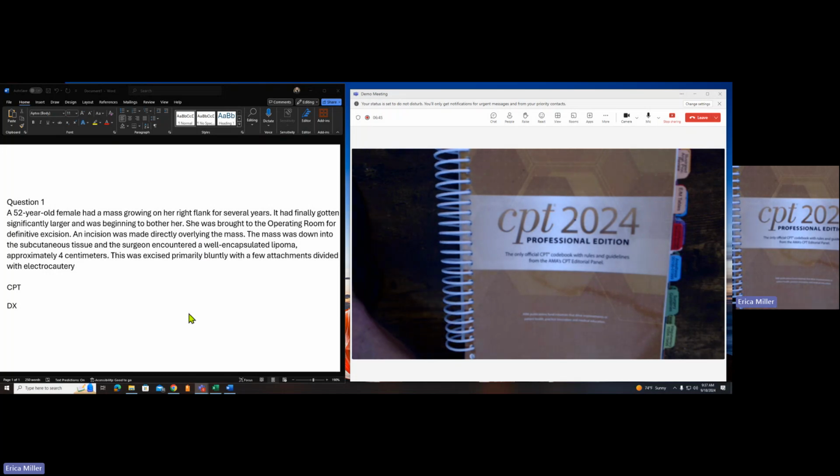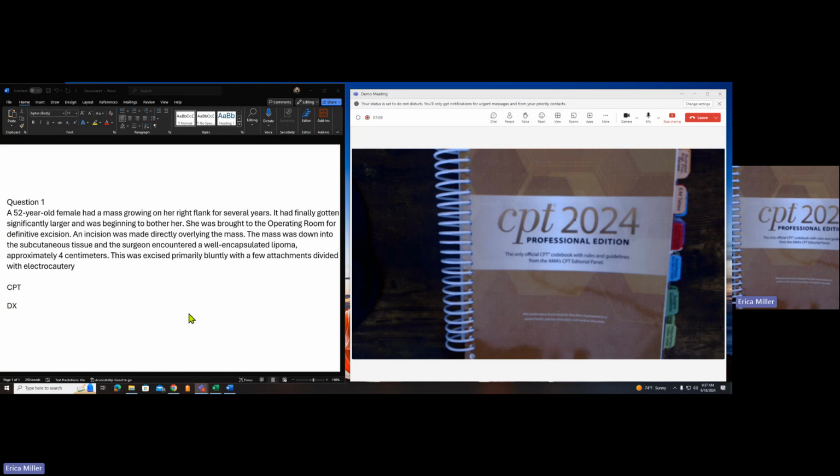An incision was made directly overlying the mass. The mass was down into the subcutaneous tissue, and the surgeon encountered a well encapsulated lipoma, approximately 4 centimeters. This was excised primarily bluntly with a few attachments divided with electrocautery.